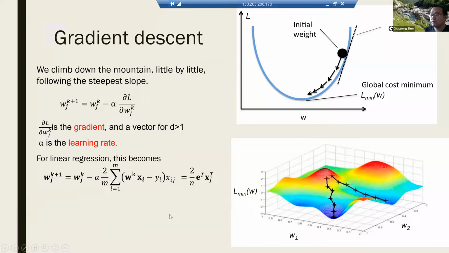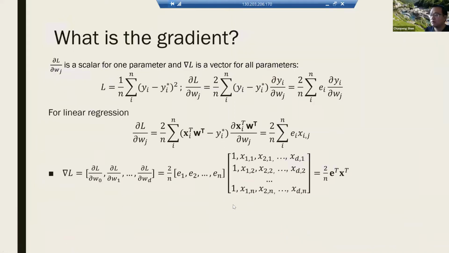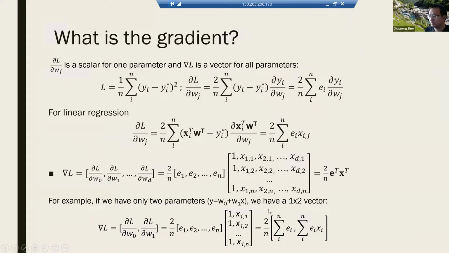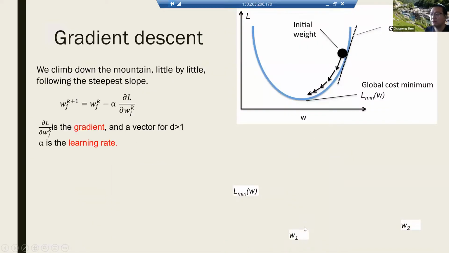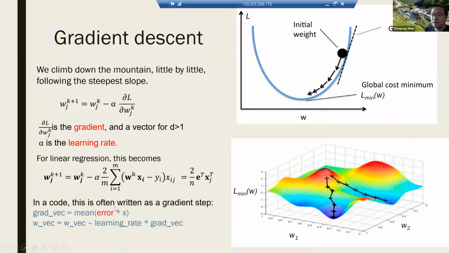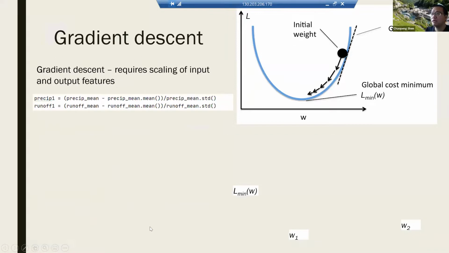Notice the error times x, where x0 is 1, so that's still the error. And then we update the weight vector: w_vec is equal to w_vec minus the learning rate, which is alpha, times the gradient. So this is how you implement it.